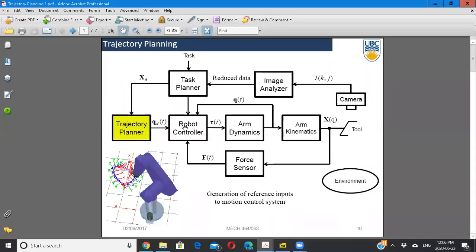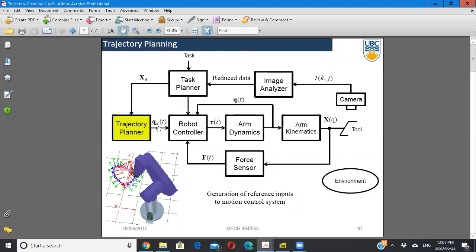And there is another block which sends each joint a desired amount of torque so that it can achieve a desired motion. It can reach the desired joint positions. So normally this is the input to the system. We want each joint to go through some desired motion.